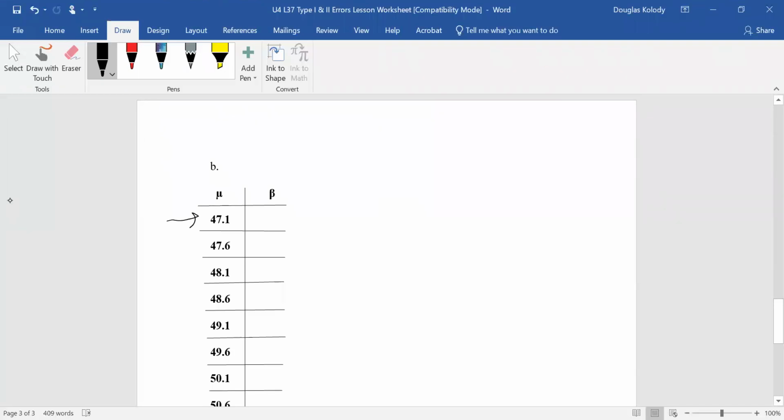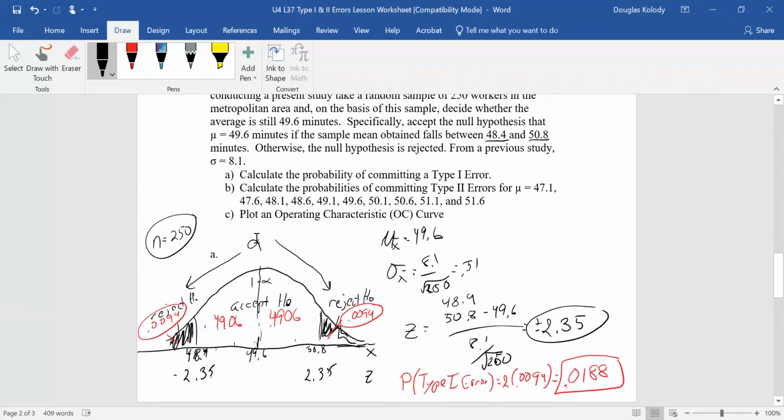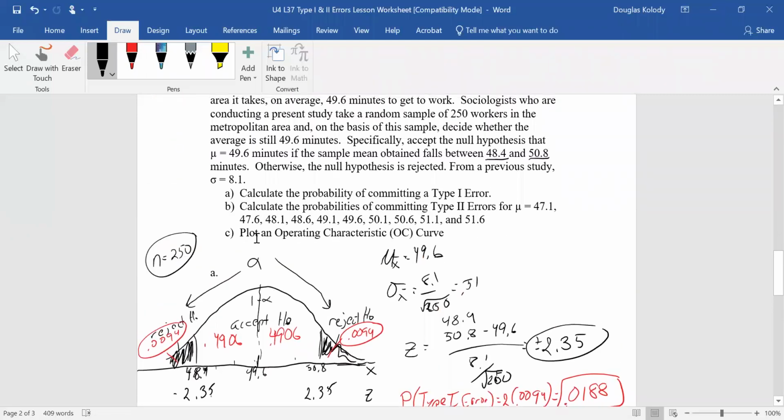Okay, I'm going to draw a normal curve. And I am going to put not 49.6, but 47.1 in the center. Here's the problem. We are still running under the assumption that 49.6 is the actual true mean.